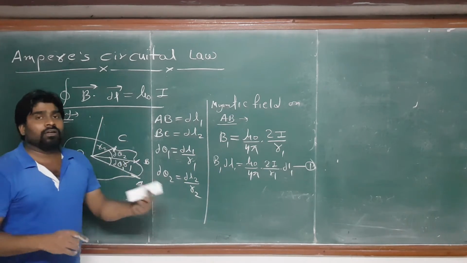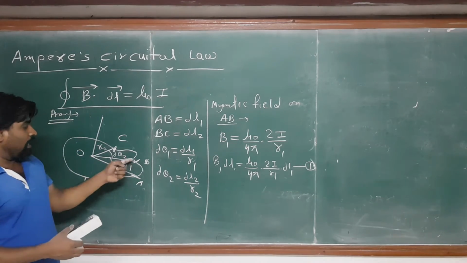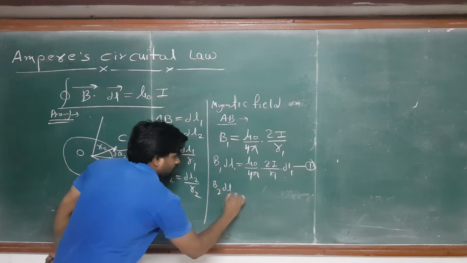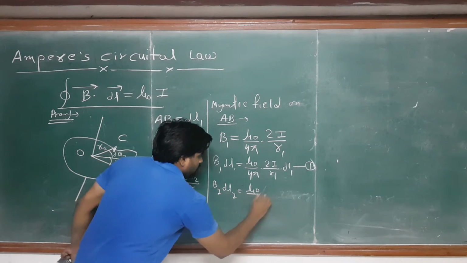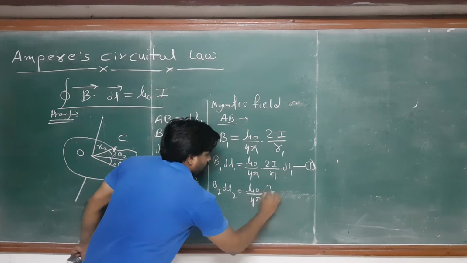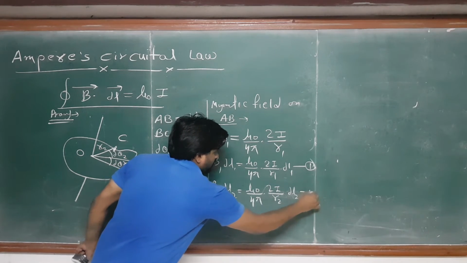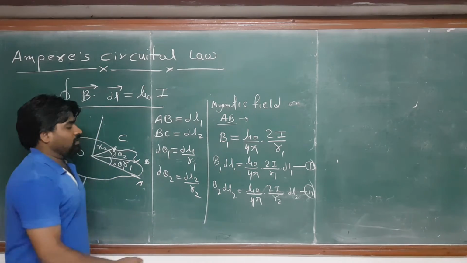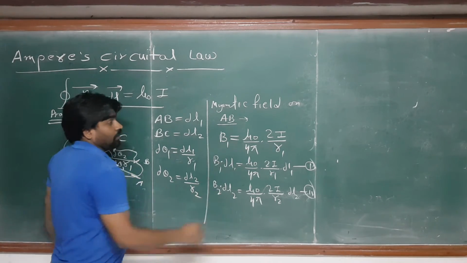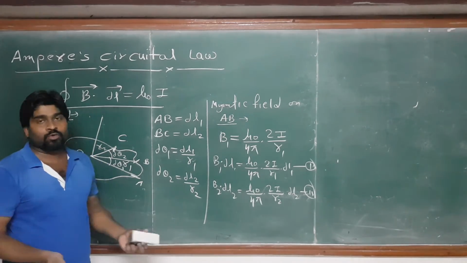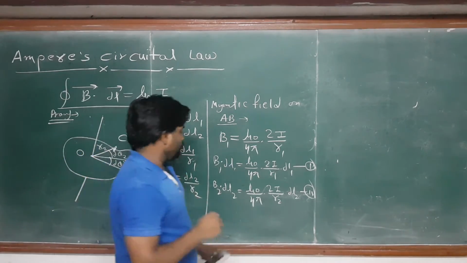We will do this same practice for the element BC. So you will find B2 dl2 is mu naught by 4 pi dot 2I, the current is the same for all, and dl2, equation number 2. You can do the same for B3 dl3, and so on. I'm not going to do more than 2.